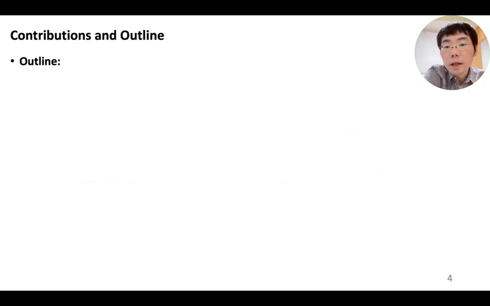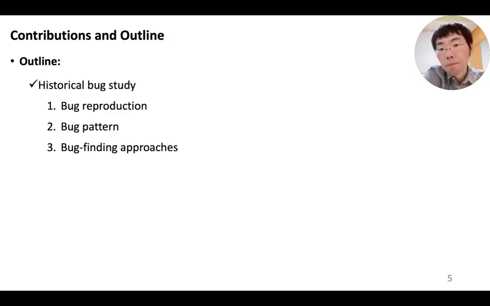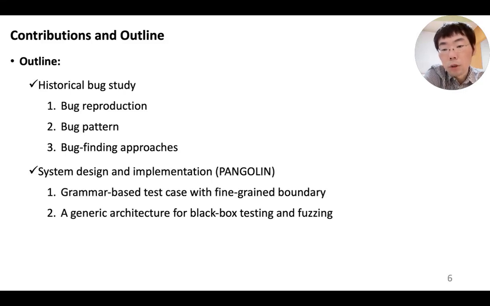Before we jump into the details of today's presentation, I just want to briefly talk about the outline. First of all, I will cover the historical bug study about bug reproduction, bug patterns, and bug finding approaches. Second, I will talk about the system design and implementation of Pangolin, a generic architecture for black box testing and fuzzing.